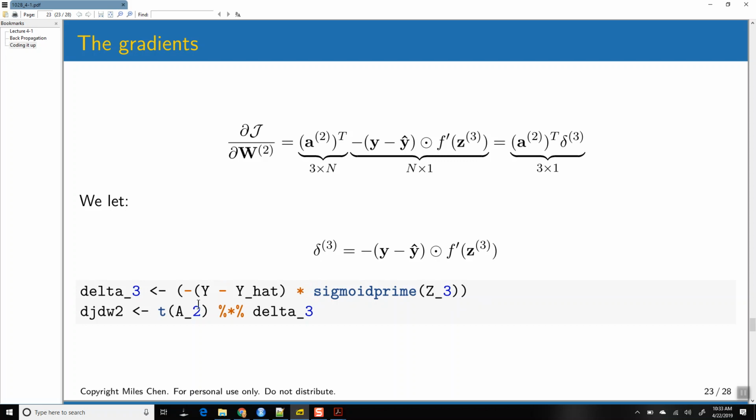So this is what we have here. And then our gradient, dJ with respect to W2, which we have as dJ dW2, is A2 transpose, which is what I have here, with matrix multiplication times delta 3, which is what I've got here. Okay, so I've just directly gone from my math to a line in code.